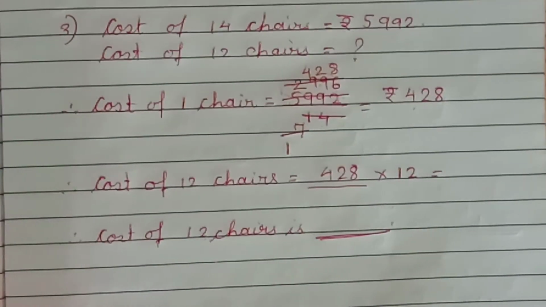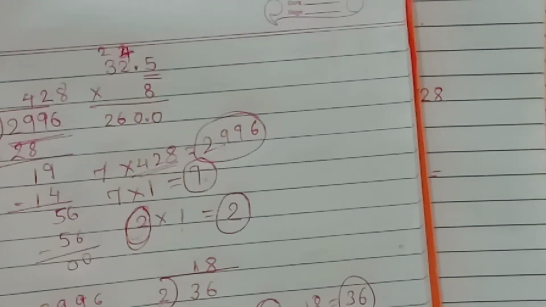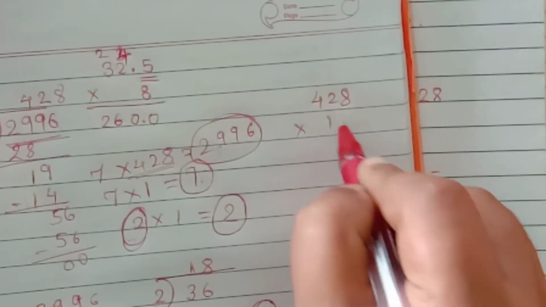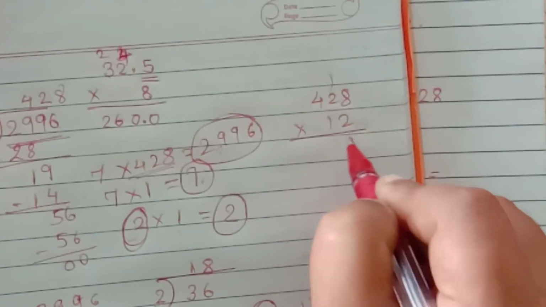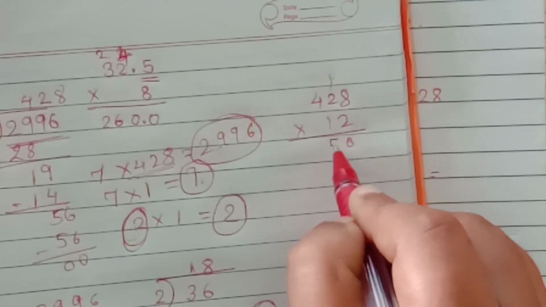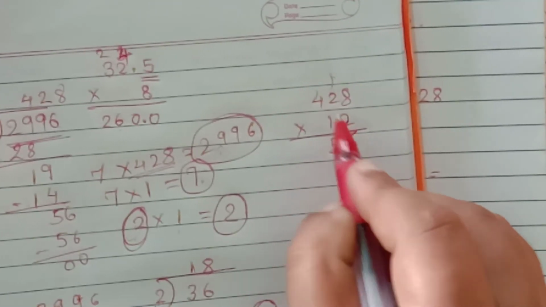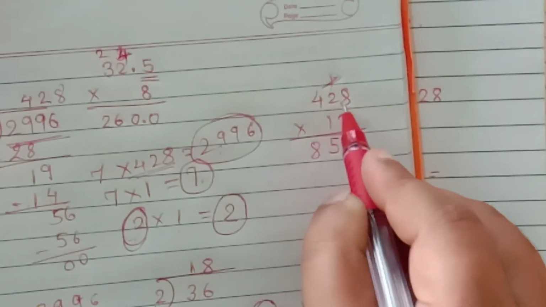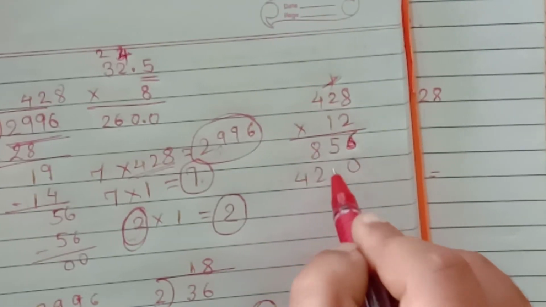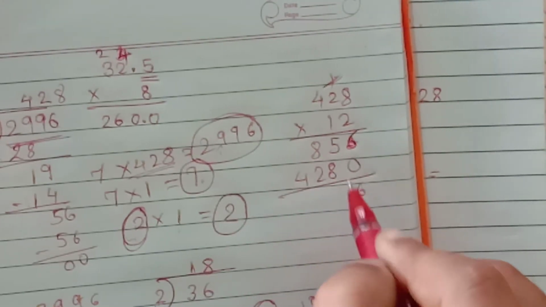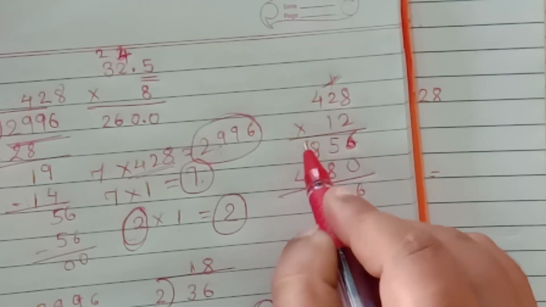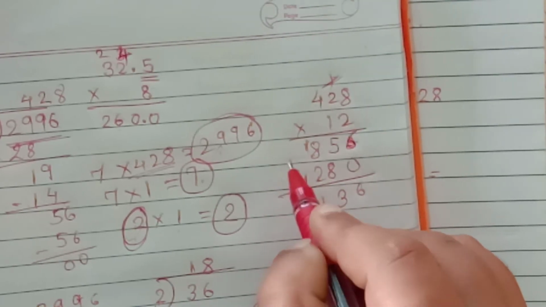Now cost of 12 chairs is how much? 428 into 12. Okay. So now again we will do a rough work here. 428 into 12. 2 8s are 16. 2 2s are 4 plus 1 5. 2 4s are 8. 0. When we multiply 1 with any number we get that number. So I am writing like this. 6, 5 plus 8 13, 9 10 plus 1 11, 4 plus 1 5.